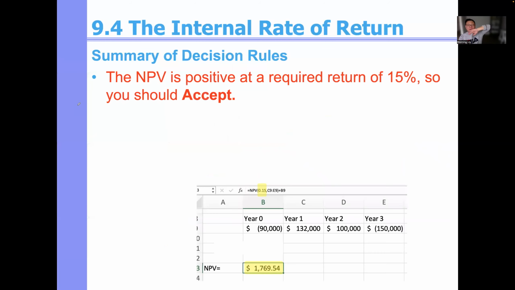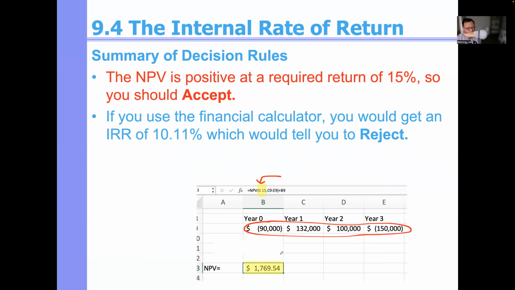Okay, so let's do a quick summary. In this case, if I do a net present value, the required return is 15%, and I'm dealing with this cash flow. So my net present value is actually more than 1700, which is positive. When net present value is positive, you are going to accept that project.